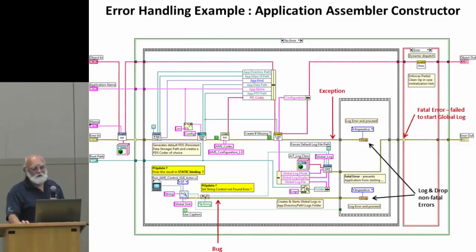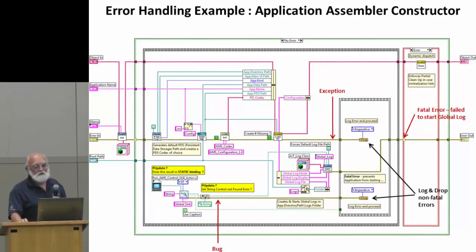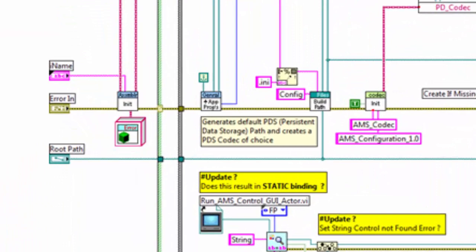So what this method is, it is a constructor for my application assembler. It starts the environment in which the application would run. First it initializes my reuse libraries.